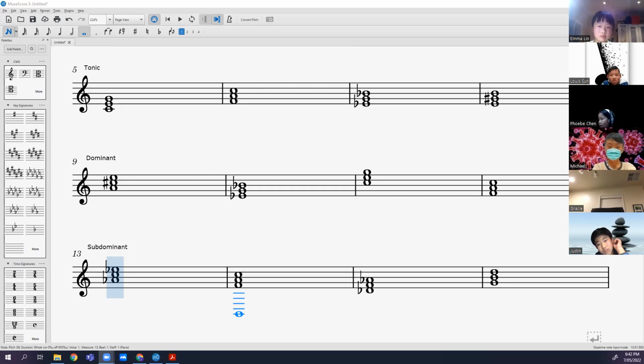Oh, you have a sister? Okay. Emma, for dominant, check the second one. Wait a second. And check the fourth one for dominant as well. And for subdominant it's all right. So for your dominant identification, check the second and the fourth.